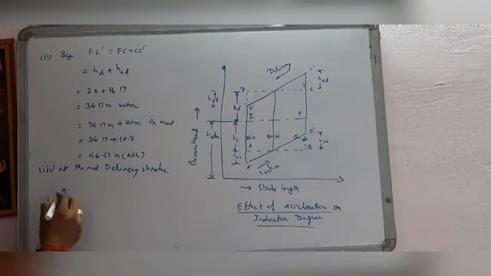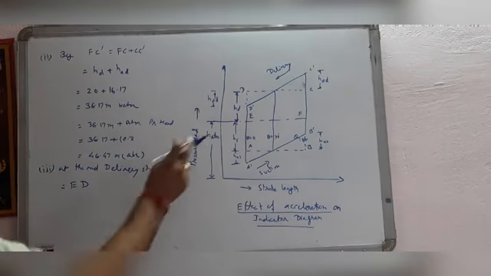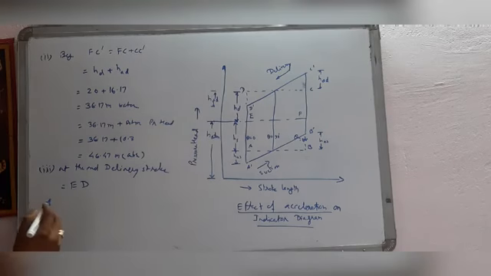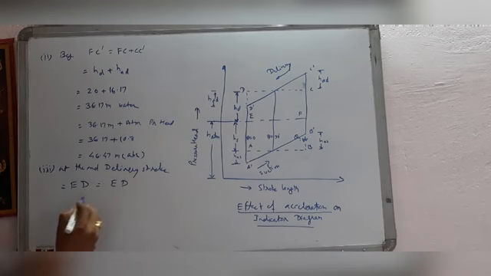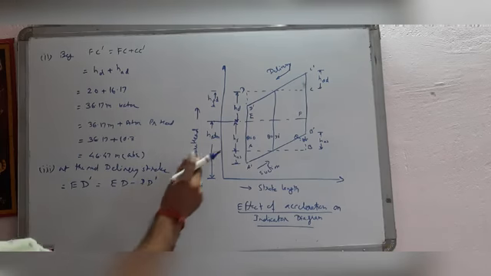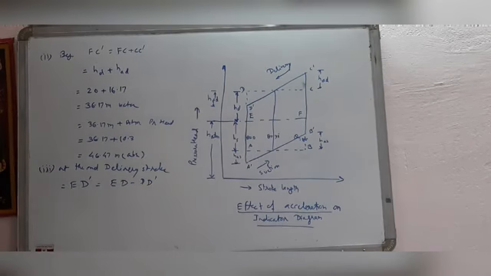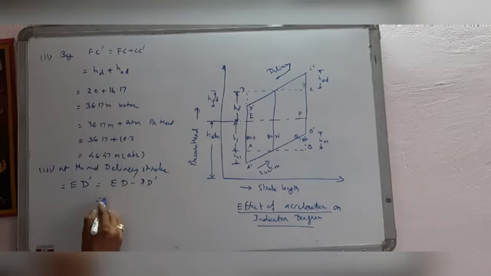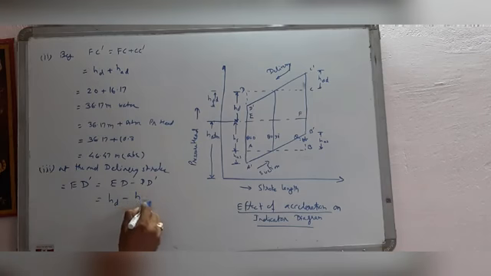So this is ED dash, that is equal to ED minus D dash, that is equal to HD minus HAD.